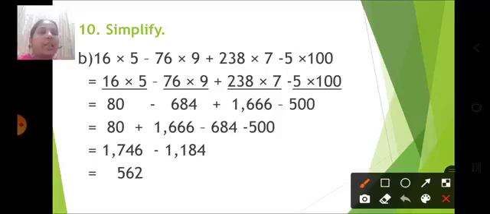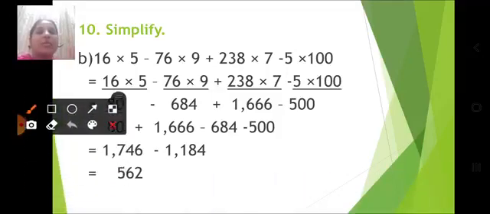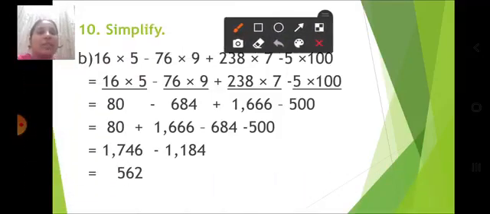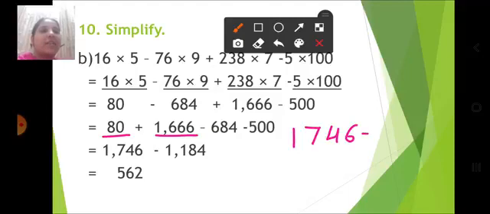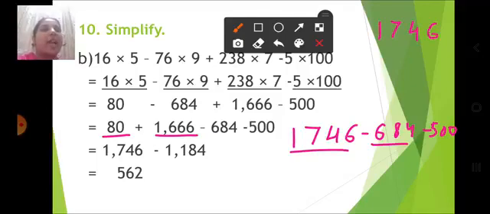After this step, when we got 1746 after adding 80 and 1666, we can write minus 684 minus 500. Now first we will subtract this 684 from 1746.